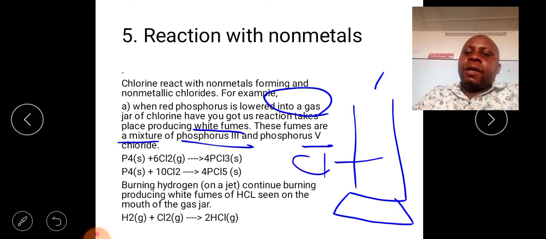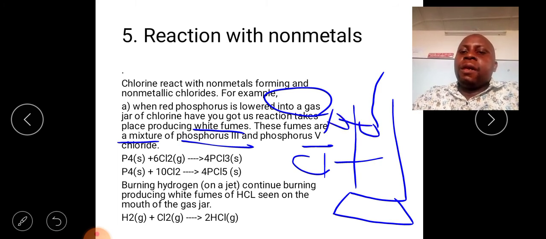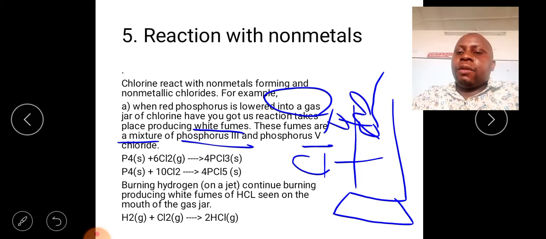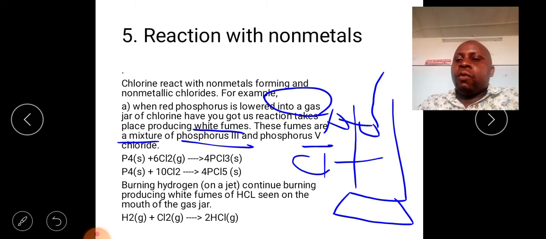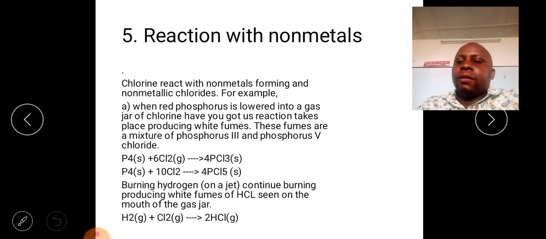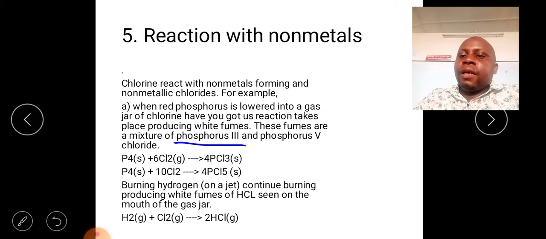and you lower a deflagrating spoon containing phosphorus, it will continue to burn, hence producing white fumes. And these white fumes are a mixture of two nonmetallic chlorides, that is phosphorus 3 chloride and phosphorus 5 chloride.